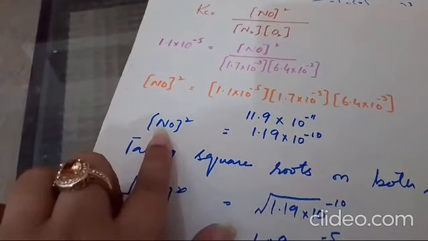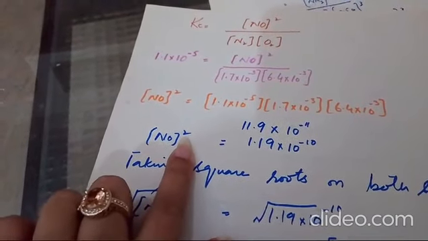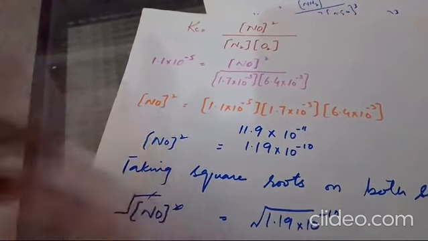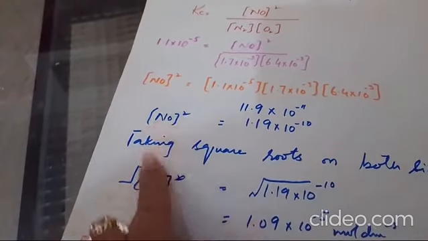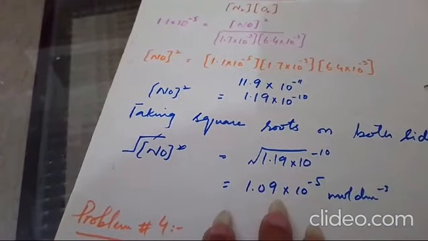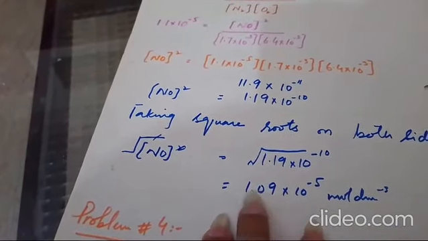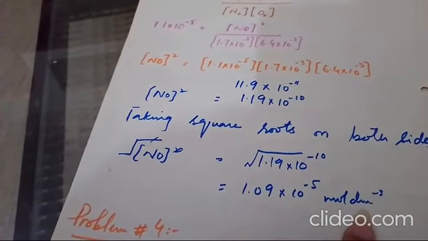Now here is NO squared, which means we have to take the square root as well, as we want to find the molar concentration of NO. So by taking the square root we get the answer 1.09 into 10 to the power minus 5 mole per decimeter cube.